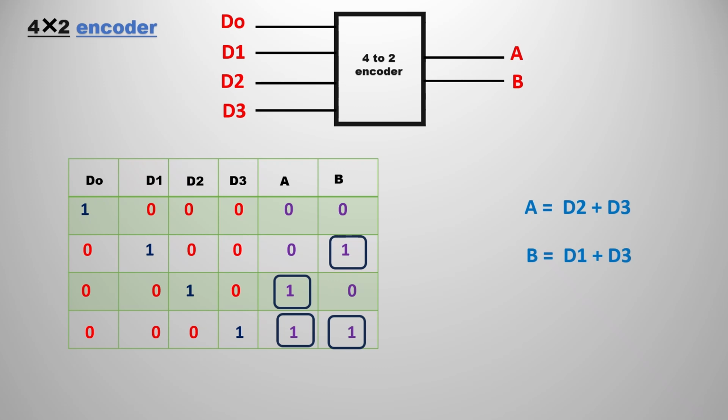The sum of both is the output expression for A. In the same way for B, there are minterms in the first and third positions, corresponding to D1 and D3, so D1 plus D3 is the output expression of B. We need to construct the circuit diagram for A and B, so let's see how to do that.